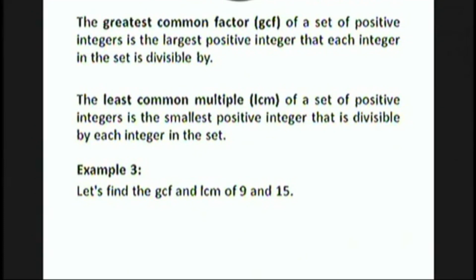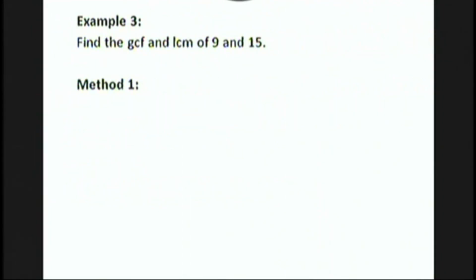So let's start by finding the GCF, greatest common factor, and LCM, the least common multiple, of the numbers 9 and 15. I'm going to do this a few different ways. So here's the first way. Let's start with the GCF.